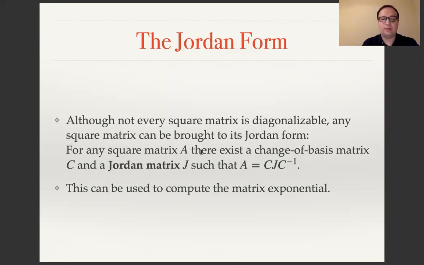So there exists a change of basis matrix C and a Jordan matrix J such that A is equal to C J C inverse. And we're going to define what a Jordan matrix is, and we're going to use this to compute the matrix exponential of the matrix A.